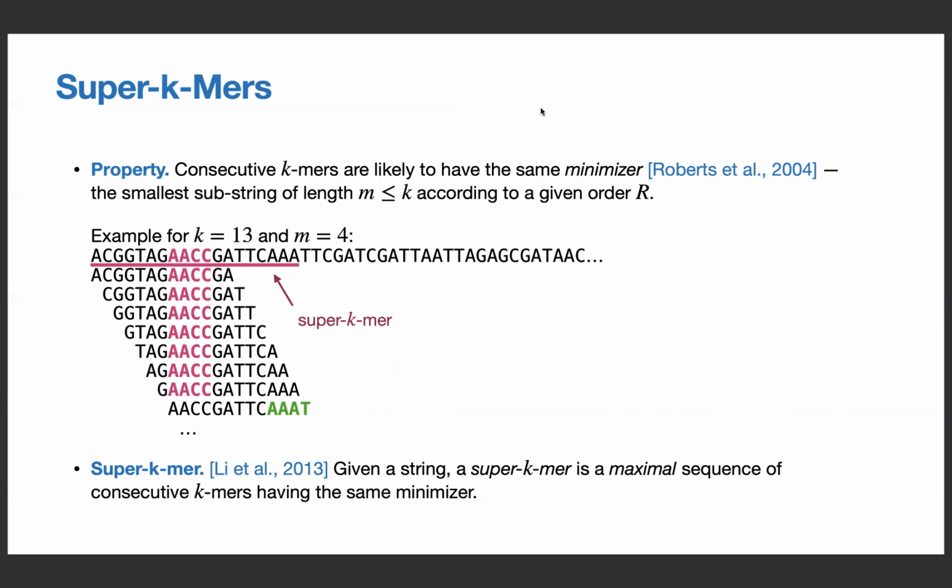Suppose that AACC is the minimizer, and the order in this example is just the simple lexicographic order. As you can see, all of these consecutive k-mers share the very same minimizer. I'm going to say that a maximal sequence of consecutive k-mers having the same minimizer is a super-k-mer. In this example, this underlined sequence is the super-k-mer.